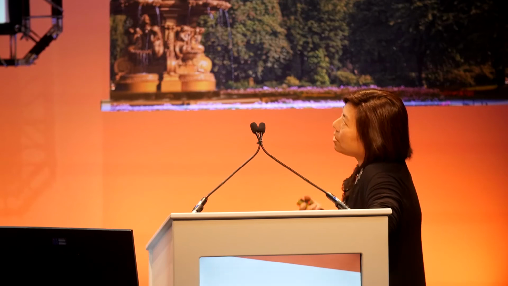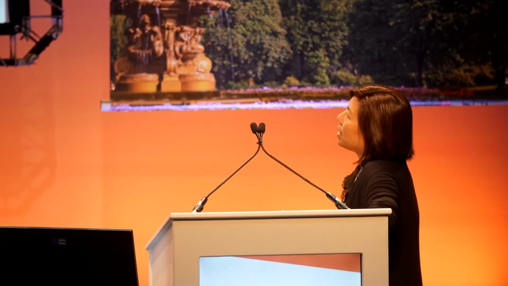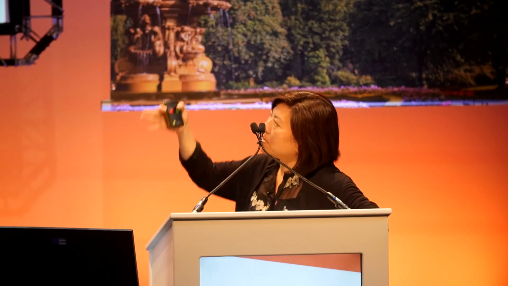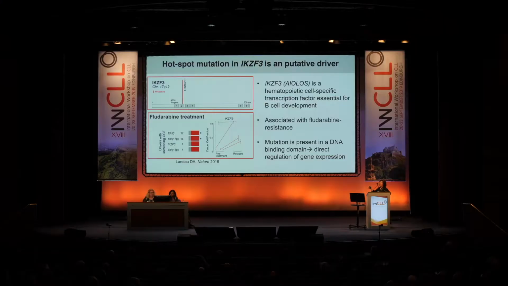What interested us in IKZF3 is that it's a known transcription factor that's important for B cell development. And what we identified in that original cohort is a hotspot mutation in a DNA binding domain, so certainly interesting, suggesting some sort of gain of function perhaps.